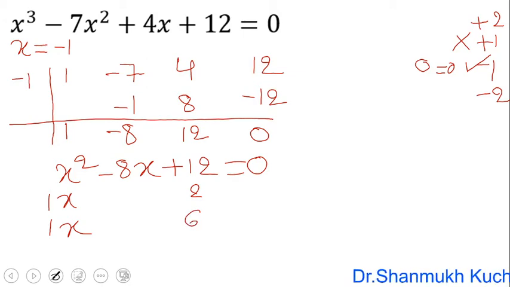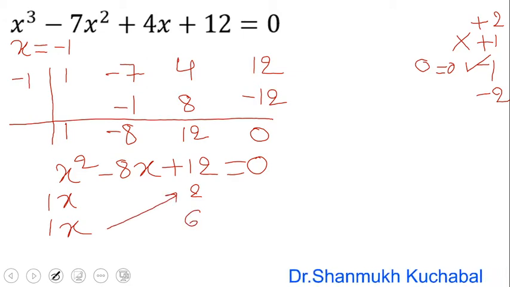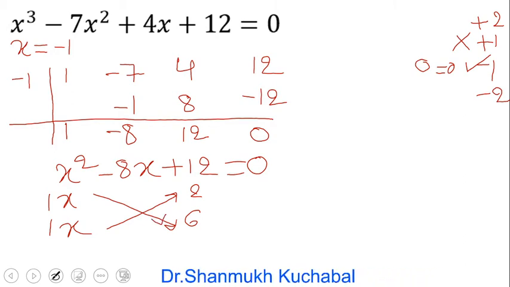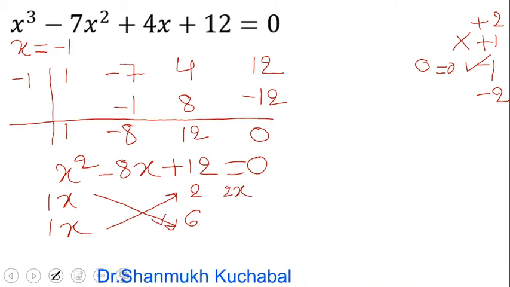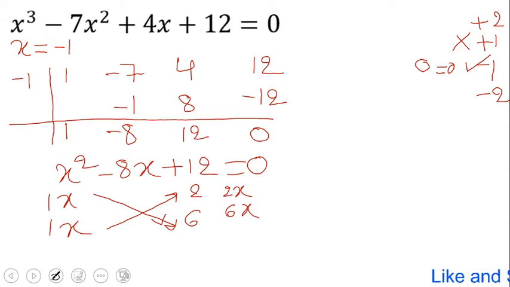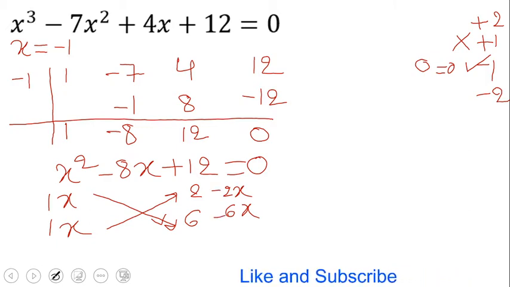Multiplying in this way, it is 2x, then 6x, and the addition we should get is 8. Since we get it by adding, both must take the minus sign.